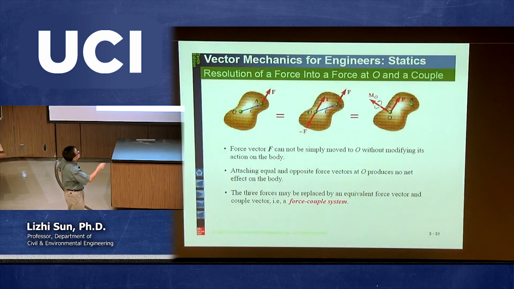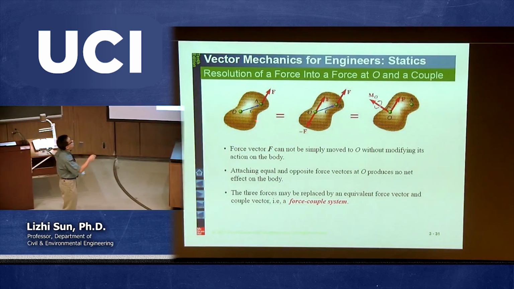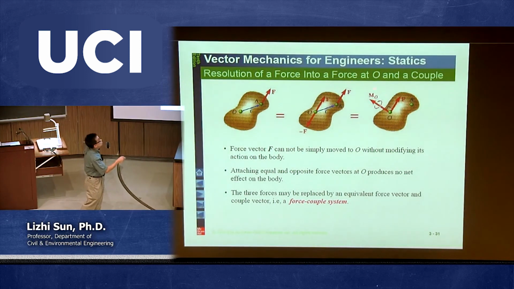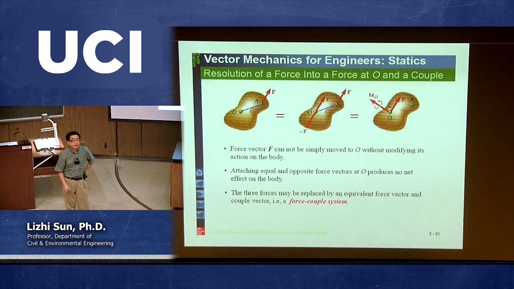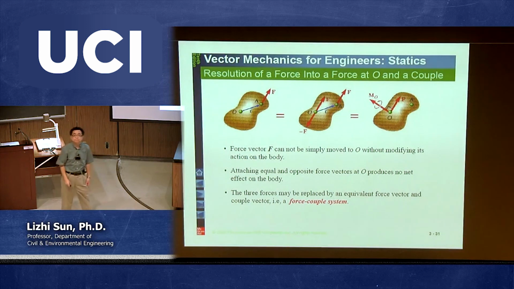This moment is basically R cross F. R is exactly this R: the force acts at point A, which is given, and you want to move it to point O, so you pick point O. Then you can calculate the distance vector from O to A. This is called R. So R cross F is this moment. You can say it is the moment due to a couple, or the moment of this force about this point. The same thing.